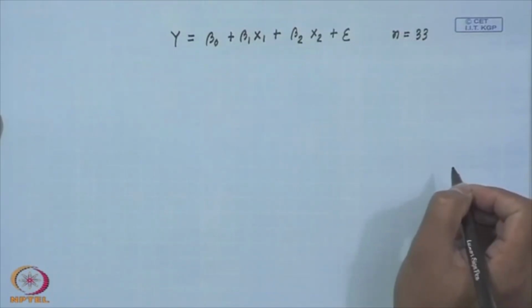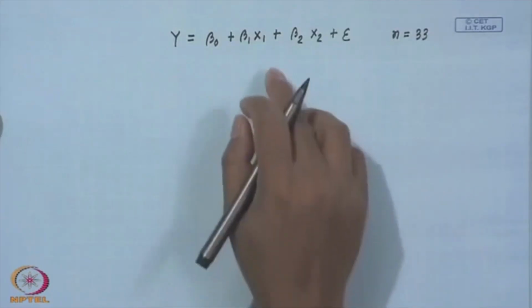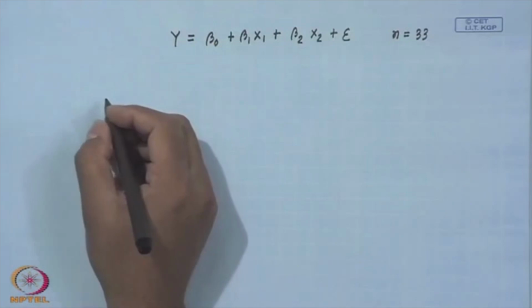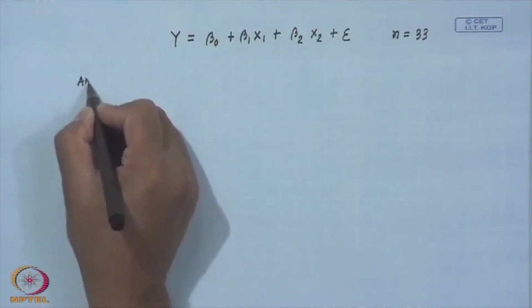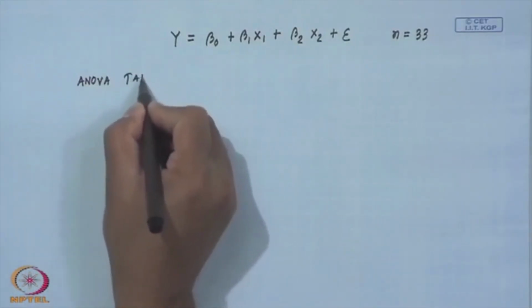So, from this information, what you can do is construct the ANOVA table for this one. So, here is the ANOVA table.